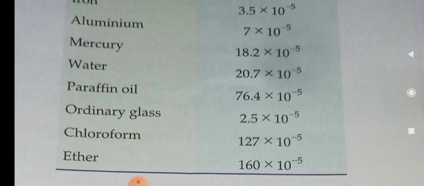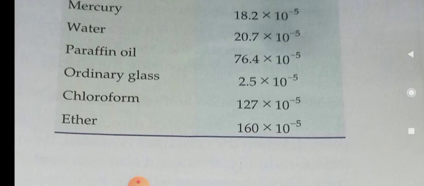Mercury, 18.2 into 10 power minus 5. Water, 20.7 into 10 power minus 5. Paraffin oil, 76.4 into 10 power minus 5. Ordinary glass, 2.5 into 10 power minus 5. Chloroform, 127 into 10 power minus 5. Ether, 160 into 10 power minus 5. Ether is a form of chemical.